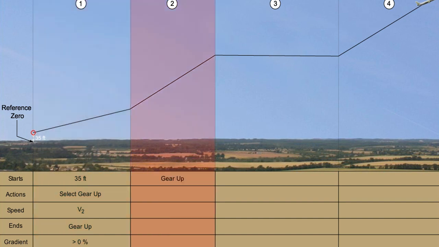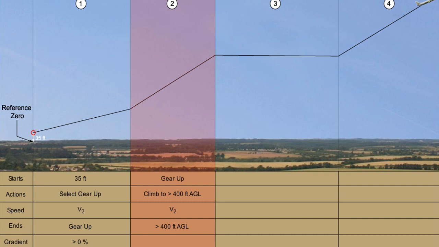The second segment starts at the end of the first segment, i.e., when the gear is up. The objective now is to retract the flaps. However, flap retraction is not permitted below 400 feet. Therefore, the action by the pilot is simply to climb, at no less than V2, until 400 feet is reached.